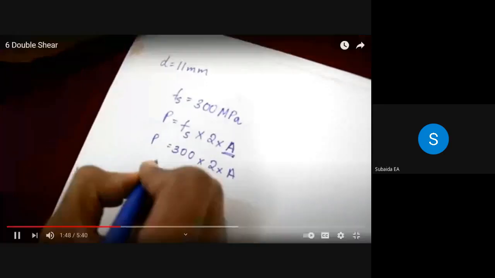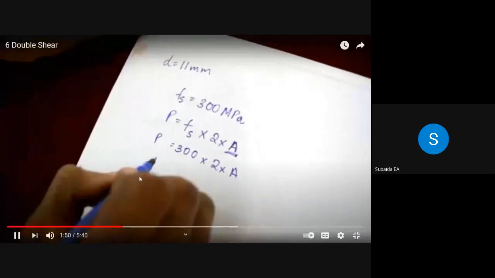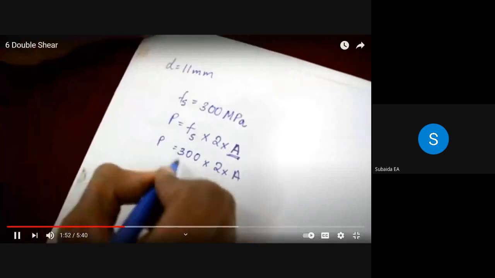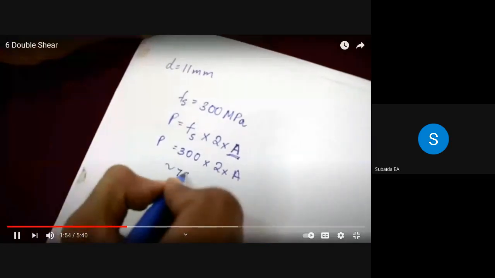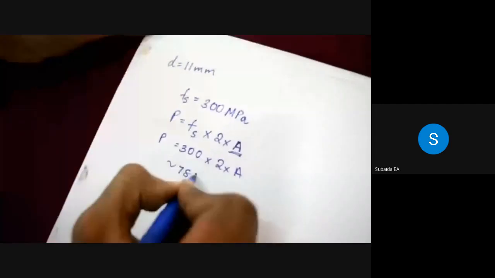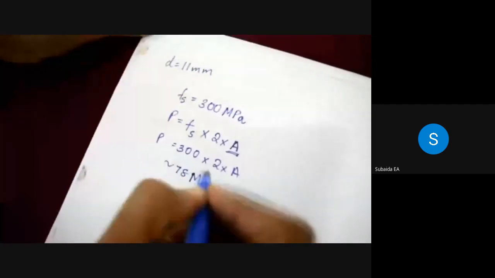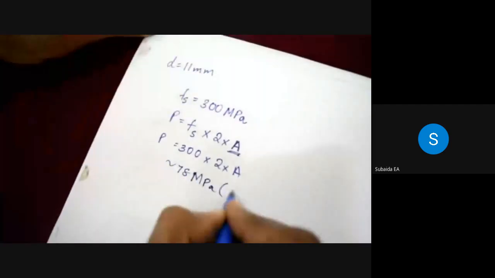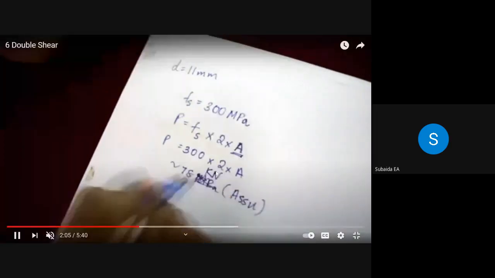Let's assume our load was computed as 78, and the unit is actually kilonewton, 78 kilonewton. 78 kilonewton falls in the range of 0 to 120.